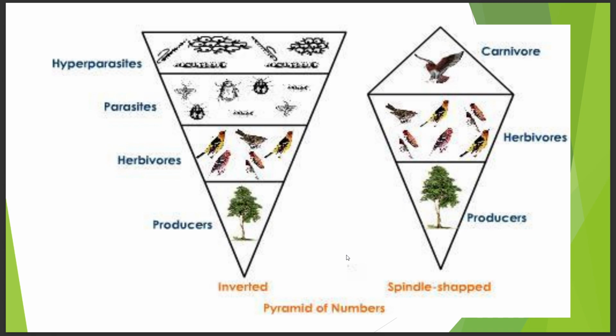A single large tree is the producer, and it supports a large number of fruit eating birds. The birds, all herbivores, eat fruits in the tree. At the third trophic level, hundreds of bird lice parasitize each bird. Bird lice are like the lice humans have in their head, right?